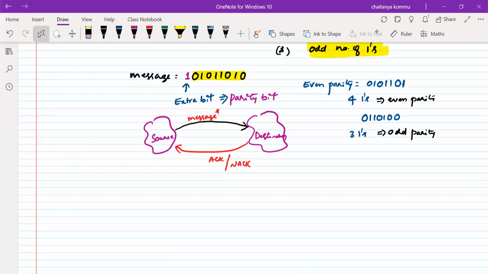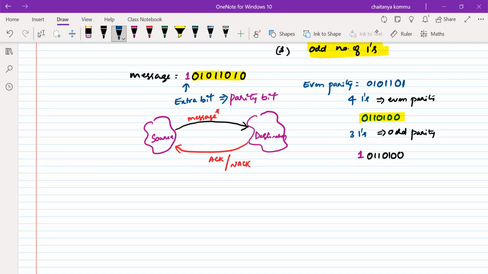Suppose I want to make the odd parity into even parity. For example, this is my message, 0, 1, 1, 0, 1, 0, 0, and I want to send only even parity information. So what do I have to do? I have to add 1 to this message, so that it became even parity information.